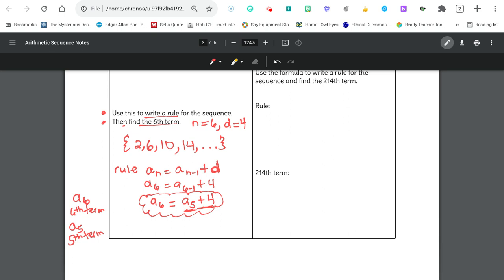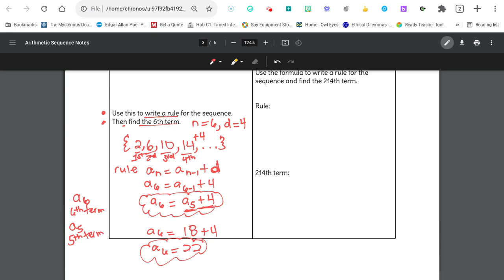The fifth term is 18, and I got 18 because that's the first term, second, third, fourth, so the fifth term would be 18. We take the fifth term of 18 and add 4, so a sub 6 is equal to 22. In other words, the sixth term is 22.